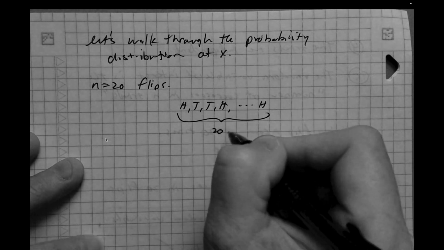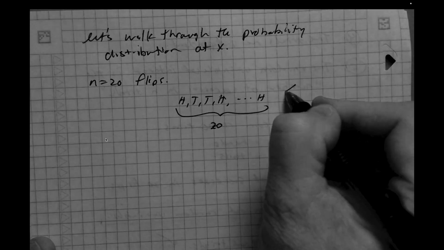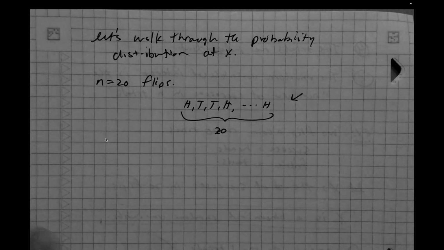This is just an example. One of the potential outcomes is all heads, and one of them is all tails, and one of them is 10 heads and 10 tails, and 9 heads and 11 tails. So this is just an example of what this binomial experiment produces as an outcome.